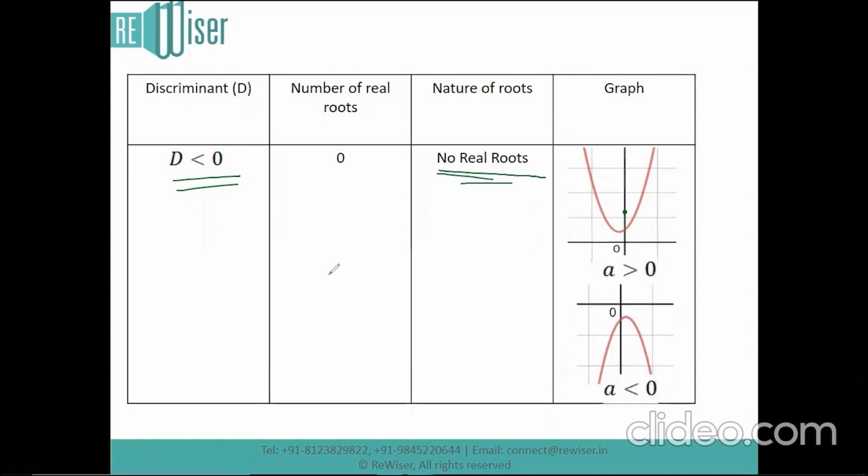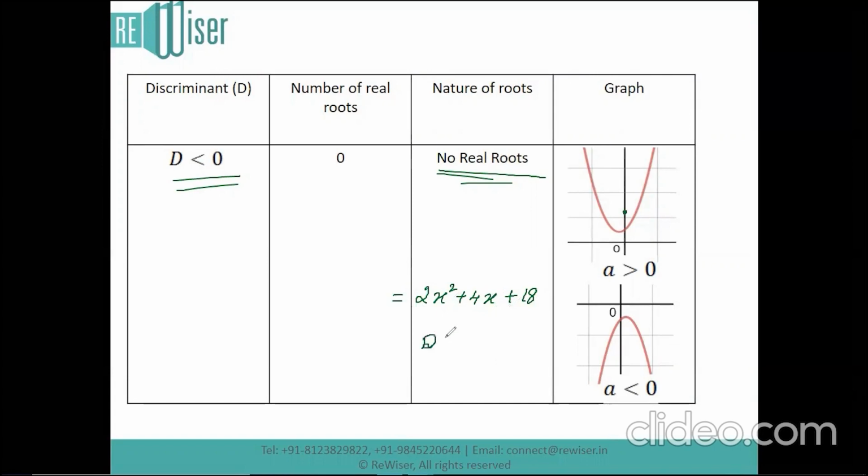Now, if I take an example, let's say I have 2x squared plus 4x plus 18. If I want to find the discriminant of this, or the nature of the roots, I can simply find the discriminant.